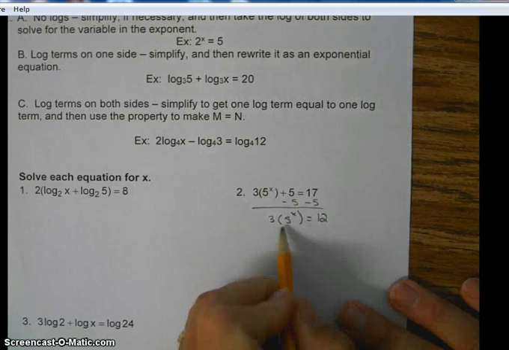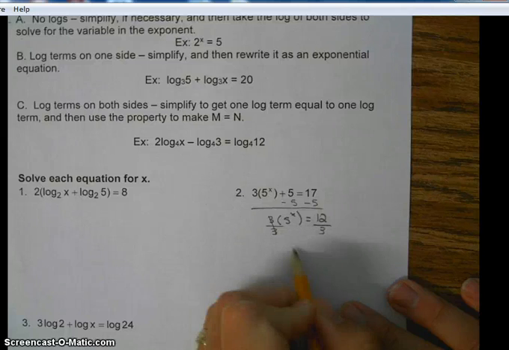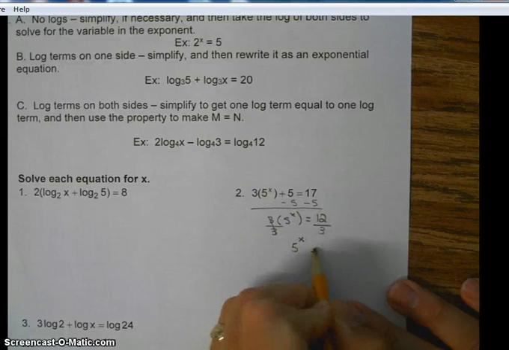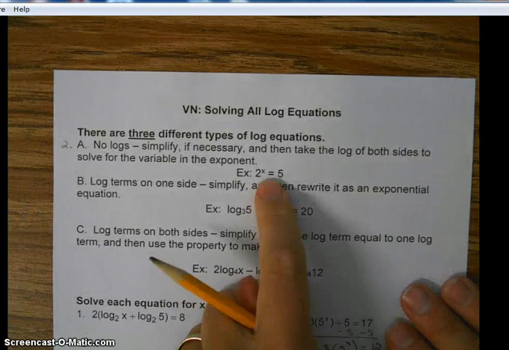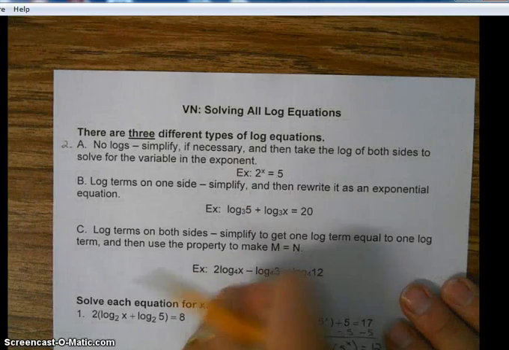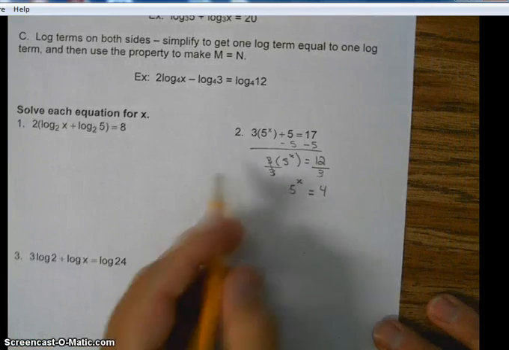We undo any multiplying and dividing. So notice how we have it boiled down basically to this form. Okay, and then it says to take the log of both sides to solve for the variable.